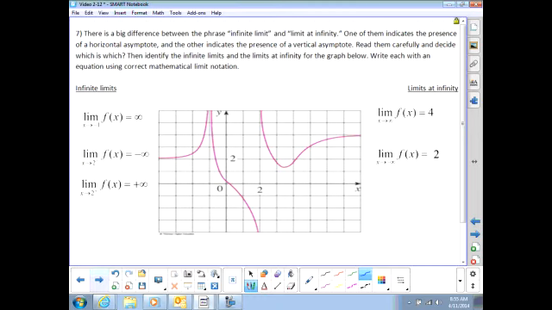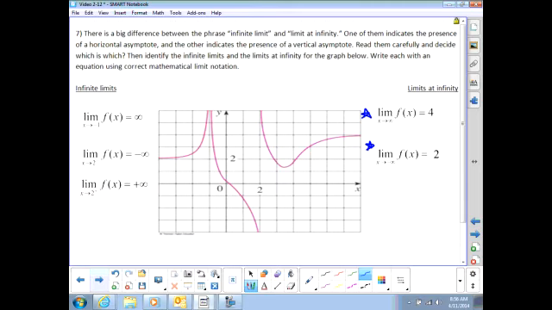Flipping to the next page, two things that sound similar but are very different. Infinite limits versus limits at infinity. On the right side, that's what we've just been working with. Limits at infinity. As x approaches positive infinity or x approaches negative infinity, what value is it going to?